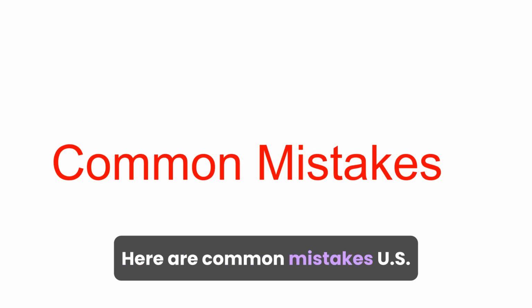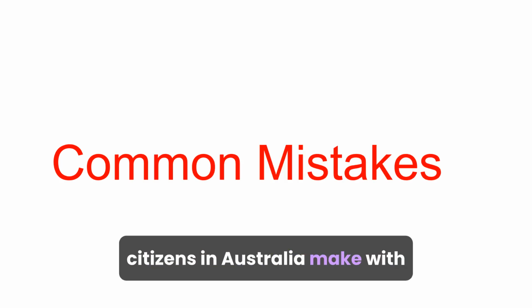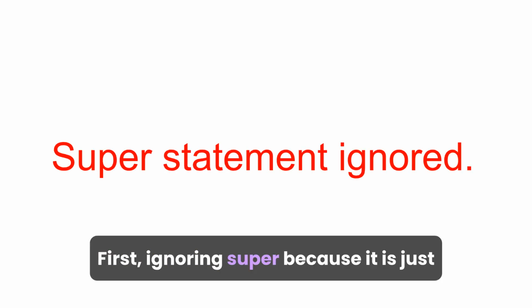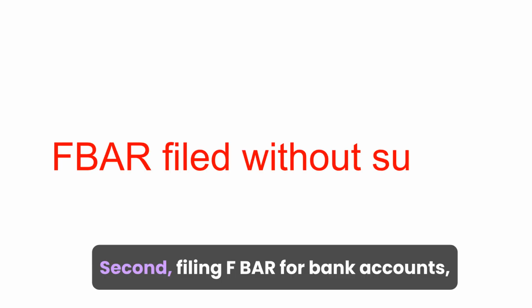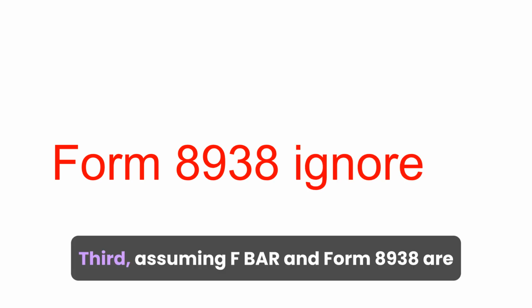Here are common mistakes US citizens in Australia make with superannuation. First, ignoring super because it is just retirement. Second, filing FBAR for bank accounts but leaving out the super fund without reviewing it. Third, assuming FBAR and Form 8938 are the same thing.